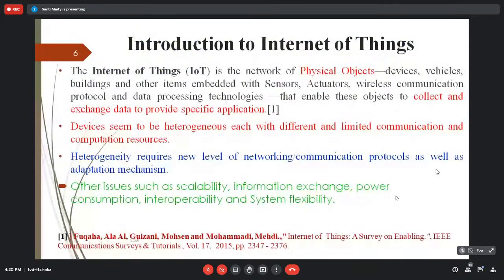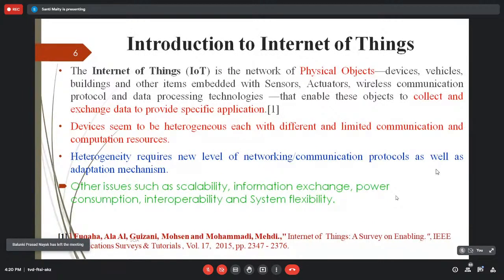So as I already told, all these application specific things that we are expecting, smart home, smart city, intelligent transportation systems, healthcare support, are all possible because of the promise coming from the Internet of Things. There are many definitions of the Internet of Things in the literature, but in this talk I would like to say it another way: it is nothing but a large set of heterogeneous nodes to be connected.